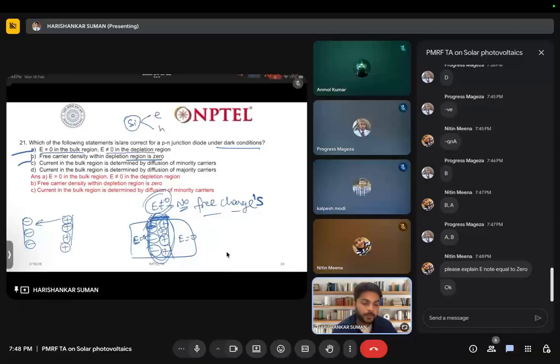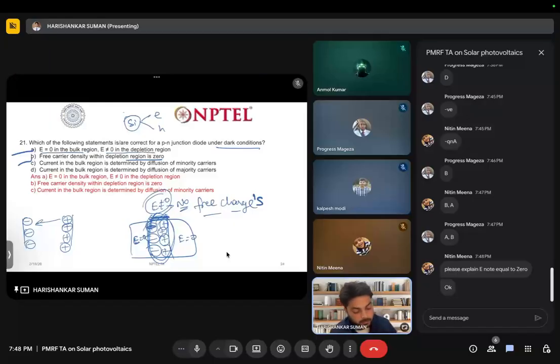In the atom, the total number of electrons equals the total number of protons. Neutrons have no charge, but electrons have negative charge and protons have positive charge.